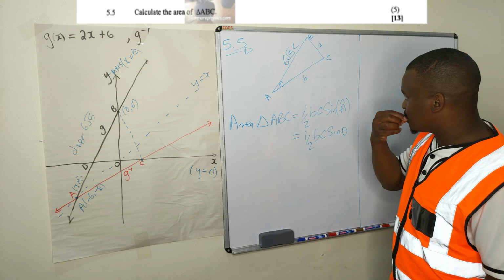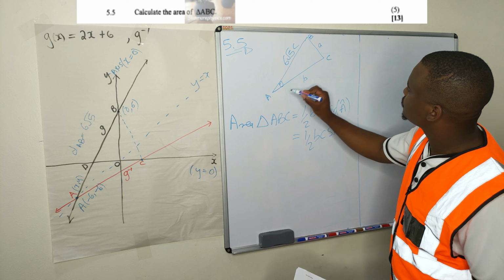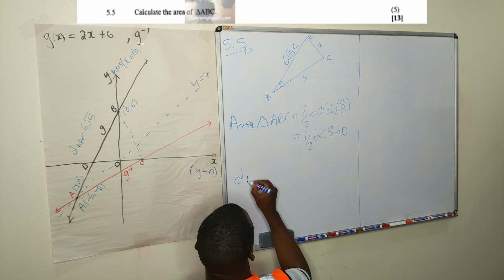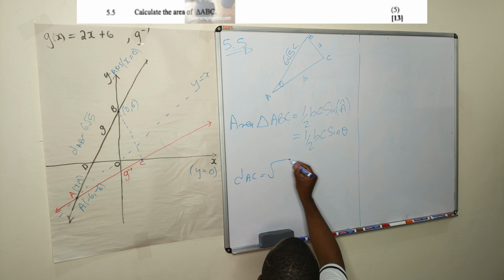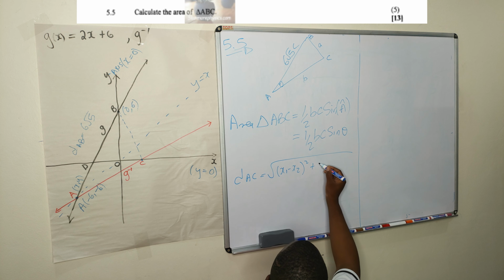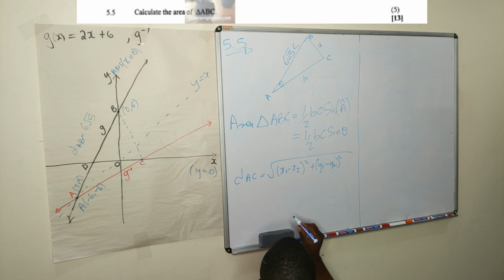So we need to find the length b, which is the distance AC. So the distance AC is equal to the square root of x1 minus x2 all squared plus y1 minus y2 all squared.